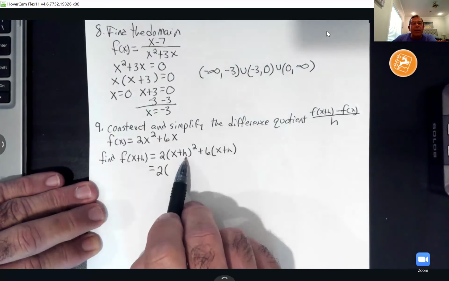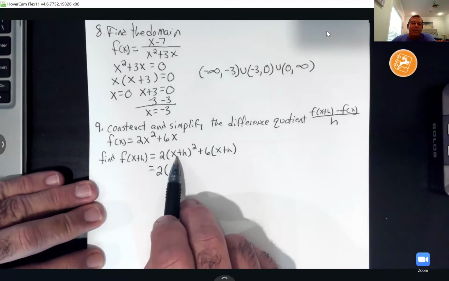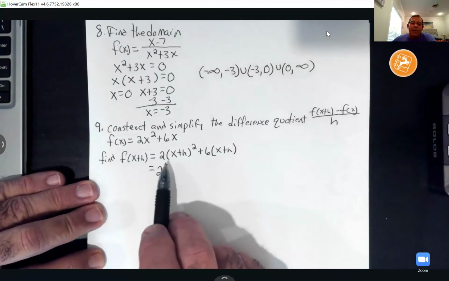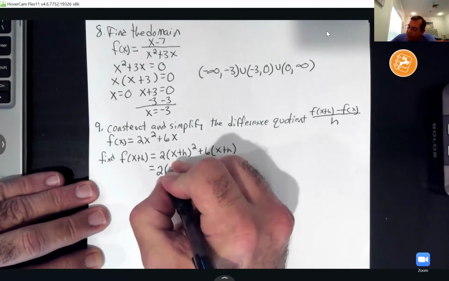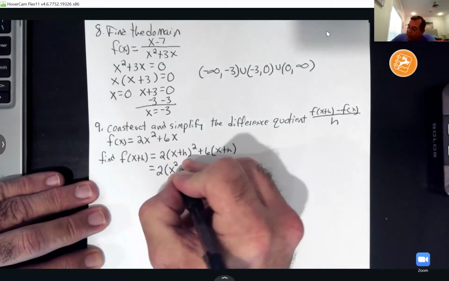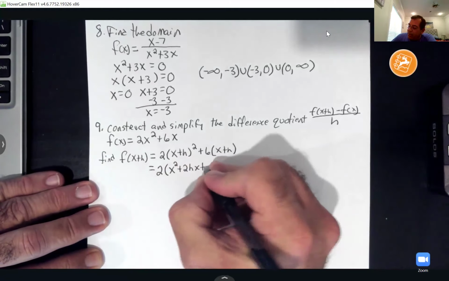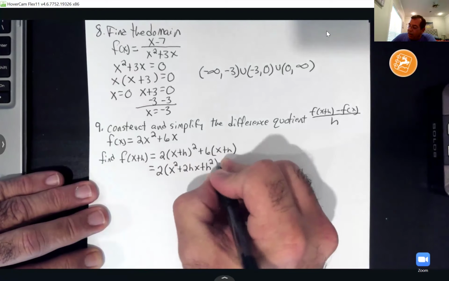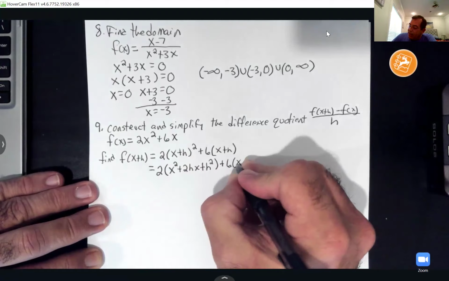All right, so the first thing you would do is FOIL that on the side. But y'all, we know what this equals because we made notes of this that anytime you get an x plus h squared, that's going to equal x squared plus 2hx plus h squared.